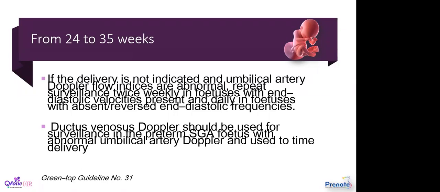Ductus venosus should be used for surveillance of the preterm. Ductus venosus is usually used for management, surveillance and timing of delivery of the preterm SGA fetuses with abnormal umbilical artery. So if there is abnormal umbilical artery Doppler, we should also do ductus venosus, because before 32 to 34 weeks, the middle cerebral artery has no effective role in identification of fetal acidemia, but the ductus venosus is effective in identifying these fetuses.